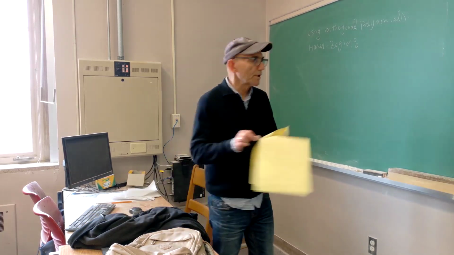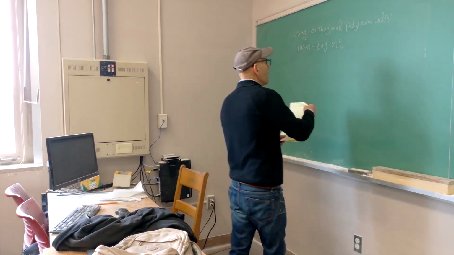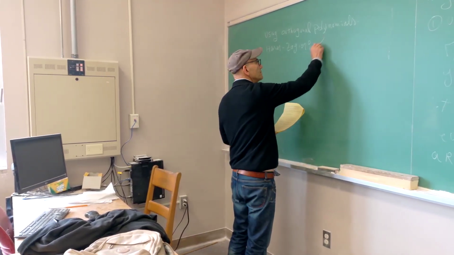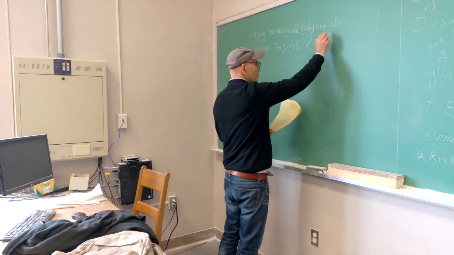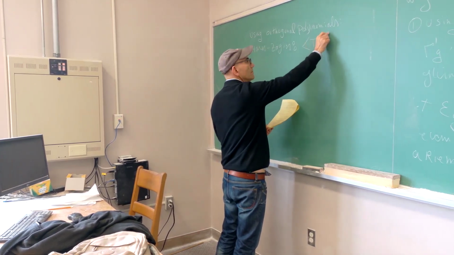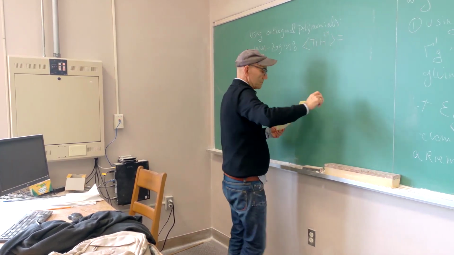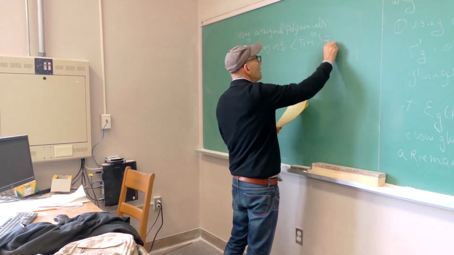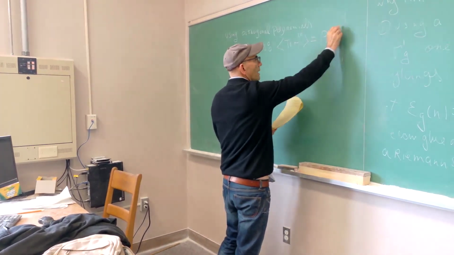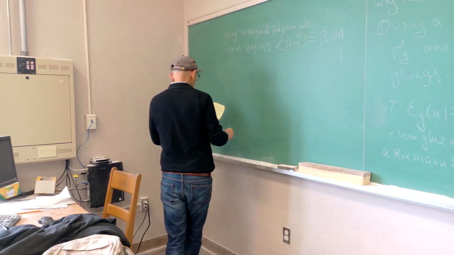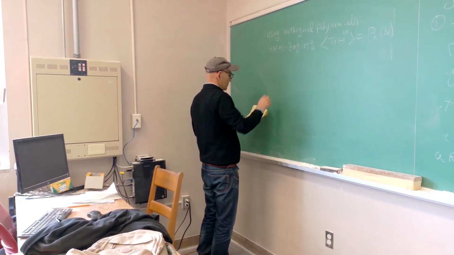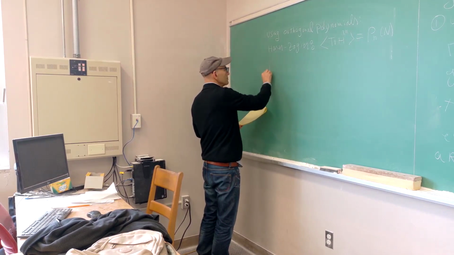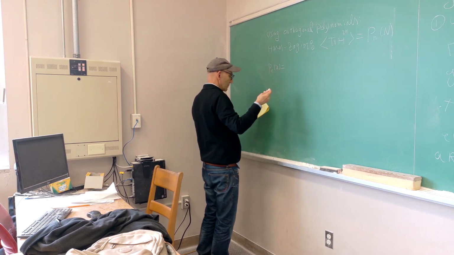Yeah. So they proved that actually this moment, trace of H to the n, is P_n(n), where P_n(x) is a polynomial that they explicitly calculate in some sense.